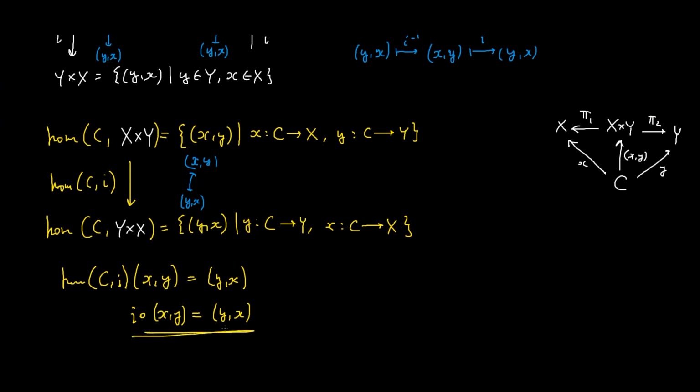So I want this to happen, and then I also want another thing, which will be I inverse, which I want to do the opposite. I want I inverse evaluated at yx to give me xy.